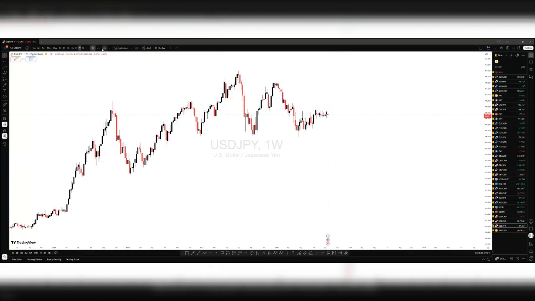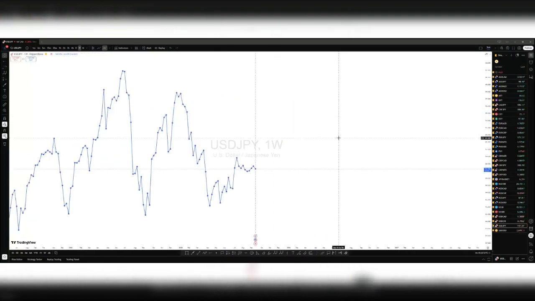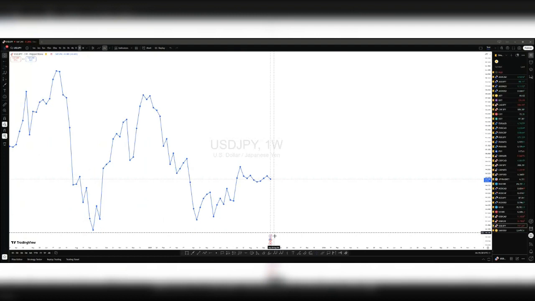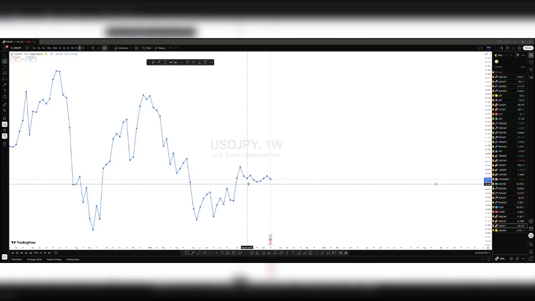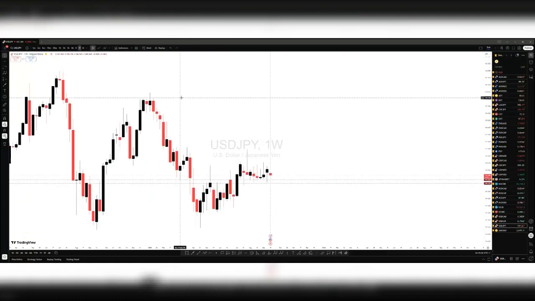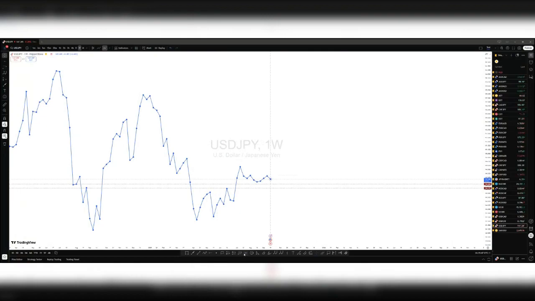On the weekly time frame, we want to plot our pivot regions. USD/JPY weekly time frame. That would be our pivot. Let me draw a couple more to make it easier.